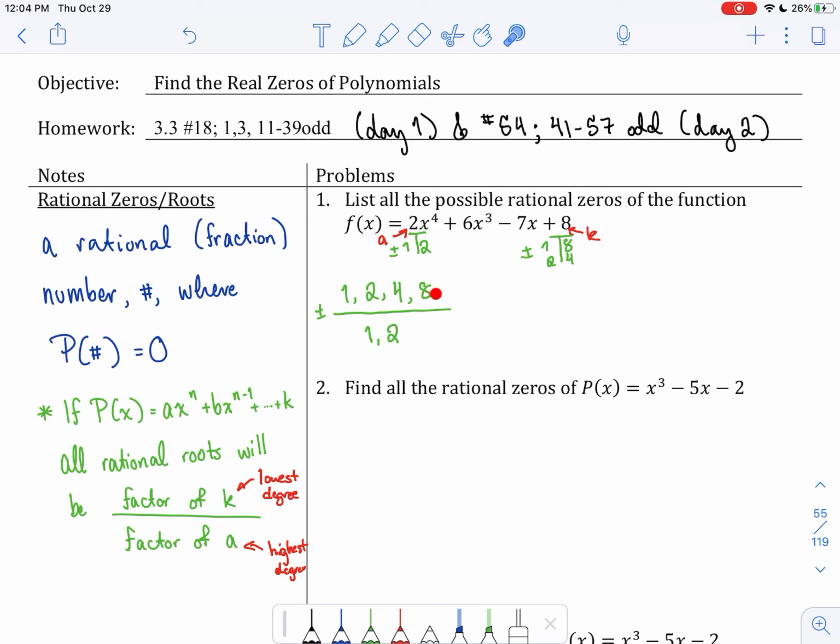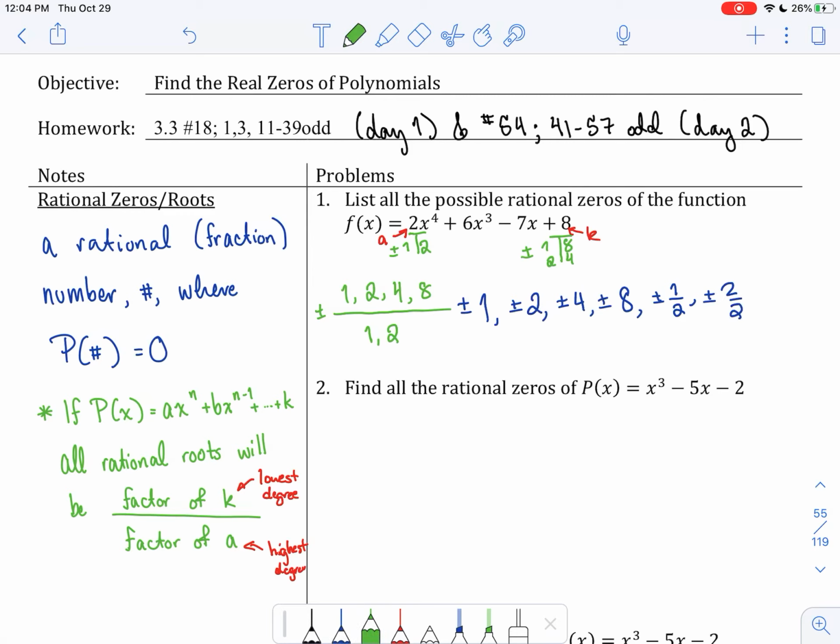I'm just going to go down the list over 1, because that's easy. So for the first part, I've got plus or minus 1 over 1, plus or minus 2 over 1, plus or minus 4 over 1, plus or minus 8 over 1. Now I'm going to have denominators of 2: plus or minus 1 over 2, plus or minus 2 over 2, which I can simplify.